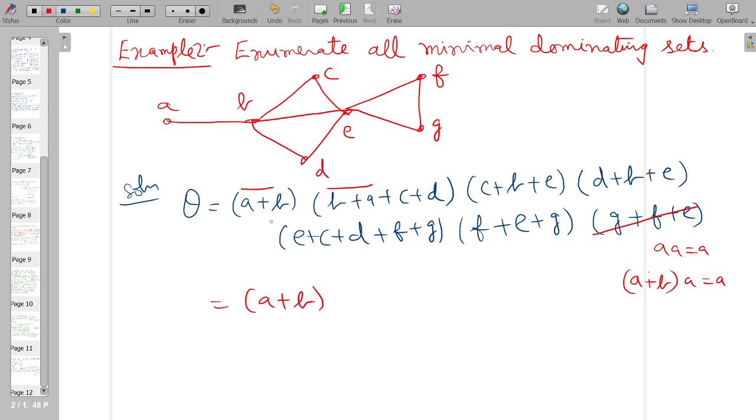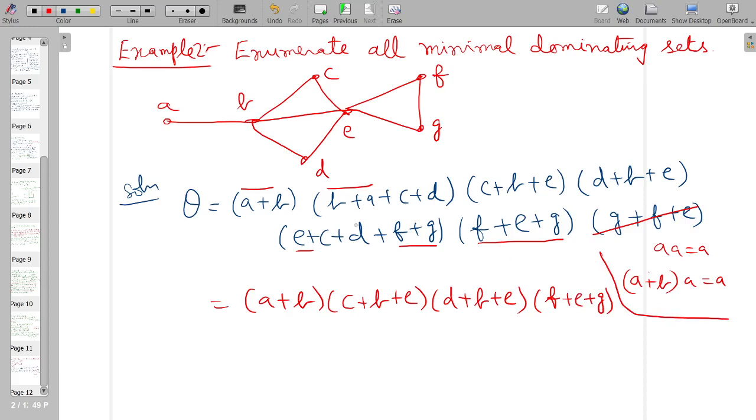So I'll have A plus B into B plus A plus C plus D as A plus B, and I will have C plus B plus E and D plus B plus E. Okay, similarly here F plus E plus G, F plus E plus G plus C plus D will be F plus E plus G. Okay, so that gets simplified into these four terms.